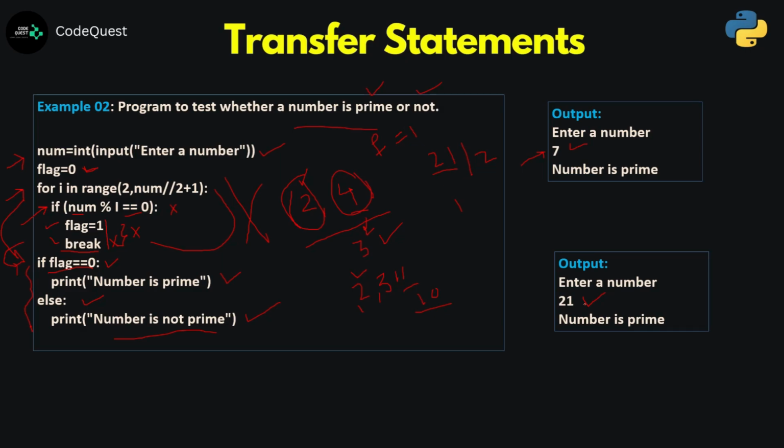I just wanted to check, is there any number available apart from 1 and itself through which this number is divisible. Because I found the very first number here is 3, we are terminating the loop because we have got exactly what we are looking for. So that is how the break has a significant role to play in this particular program.